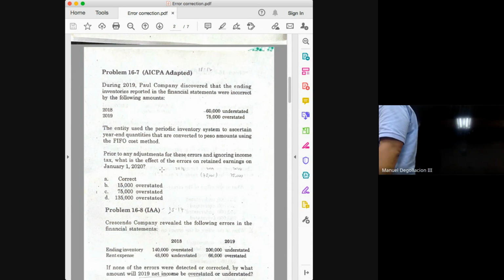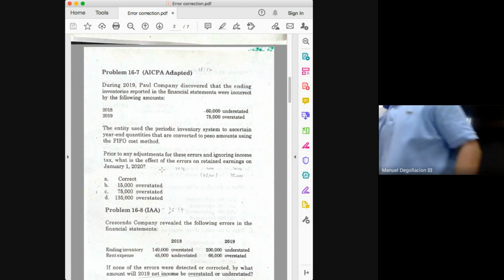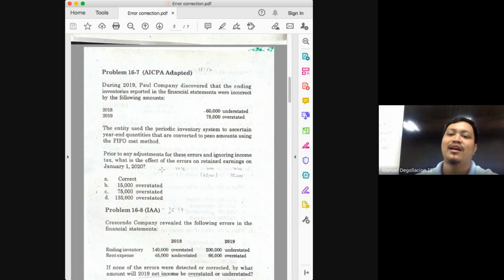Remove this 60, remove this other 60, so that the net effect will just be 75,000 overstatement. But again, whether you are familiar with counterbalancing error or not, you can still arrive at the correct answer by going over all the errors individually.